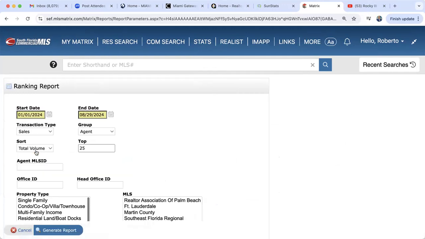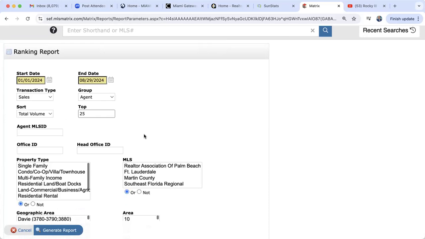Click on ranking report, and you're going to enter the date range, and you can rank any area and see who the top agents performing in that area are, or the top offices performing in that area.